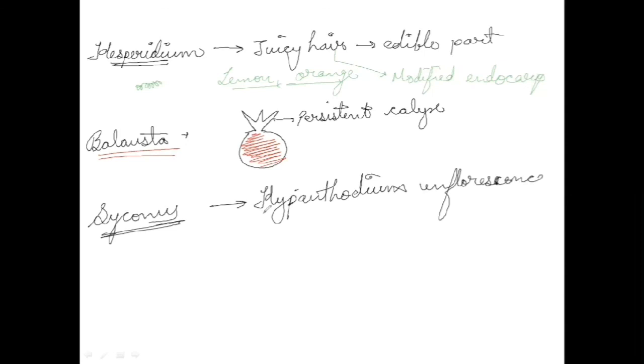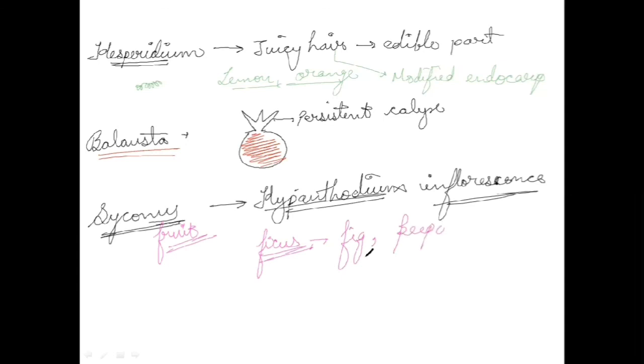Remember, in the composite fruits I told you about the ficus plants, ficus trees, and I asked you to remember the example. Okay, so the Syconus fruit, which is formed from Hypanthodium inflorescence, is found in ficus trees like fig, peepal, etc. So these are the terms which you need to remember.